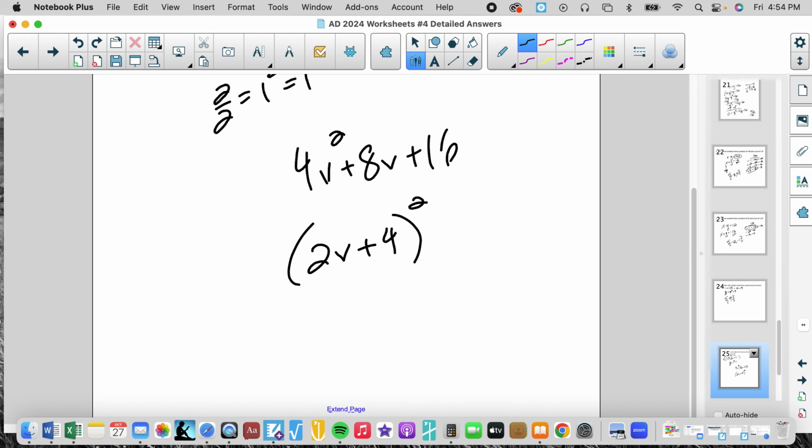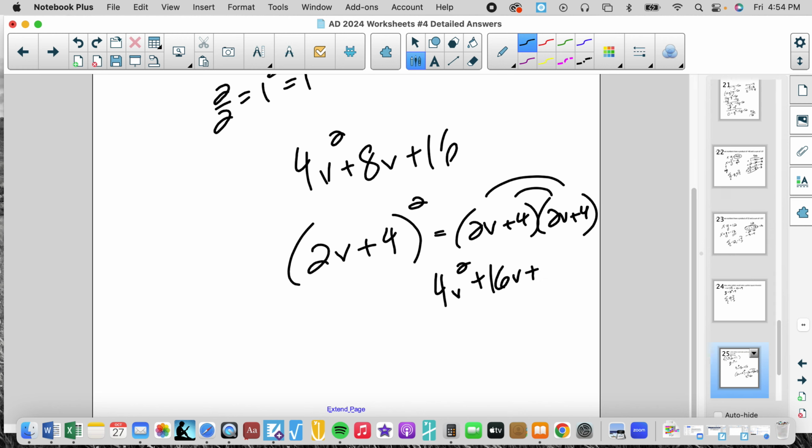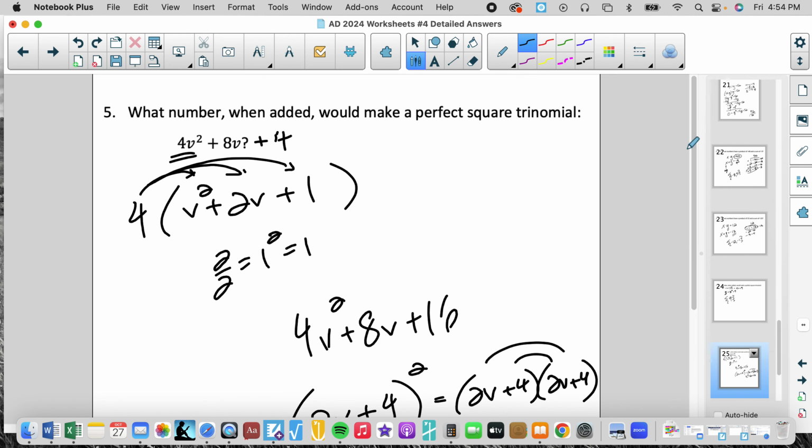They made a mistake, because if you do that, that's 2v plus 4 times 2v plus 4, and that would produce 4v squared plus 16v plus 16. So that does not work, my way is correct. This is the correct answer for number 5. Oh yeah, I'm good. I caught a mistake.